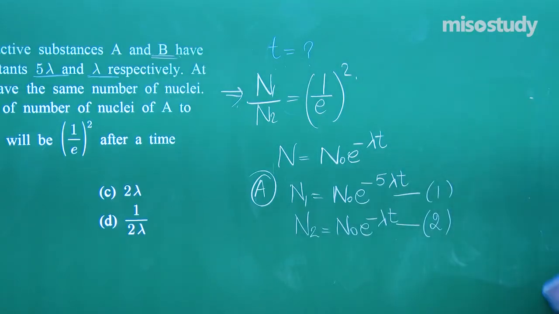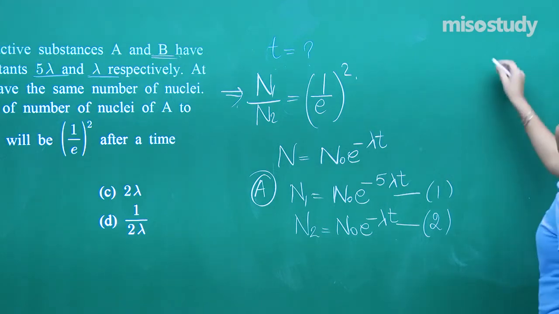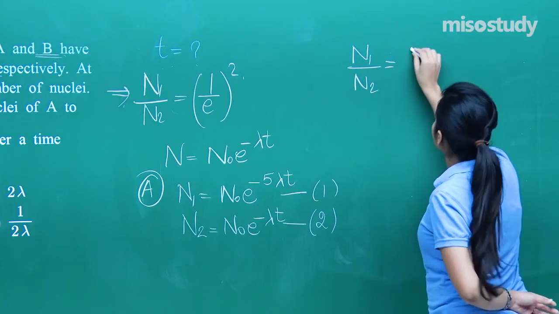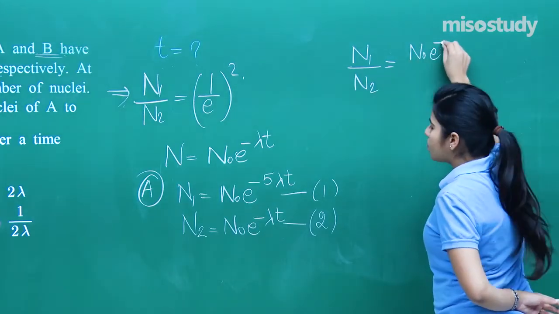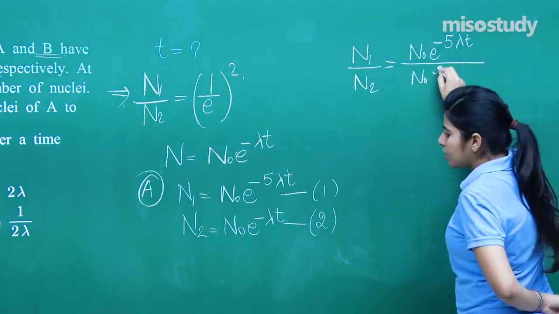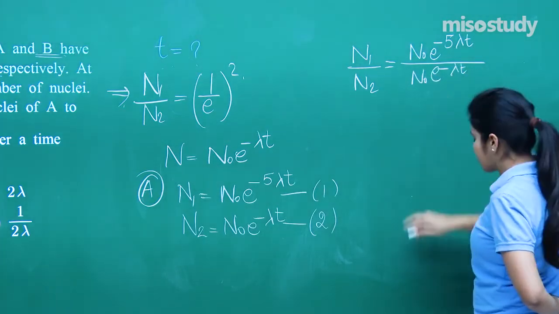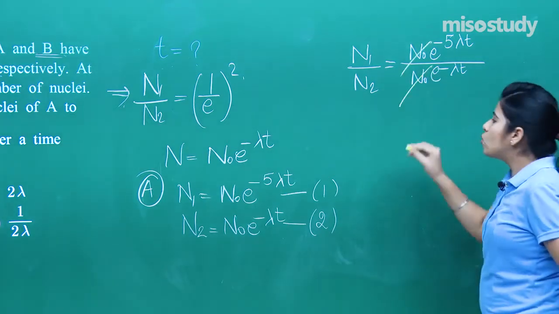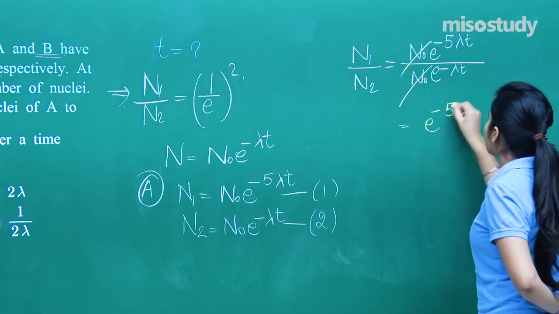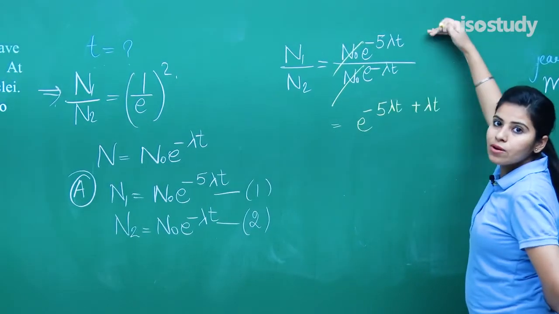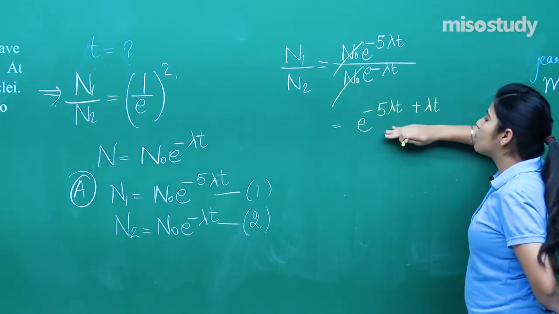To find this ratio, N1 upon N2 equals N naught e raised to the power minus 5 lambda t divided by N naught e raised to the power minus lambda t. Now you can see that N naught cancels, and you have e raised to the power minus 5 lambda t plus lambda t, because this minus lambda t goes up in the numerator and becomes positive.